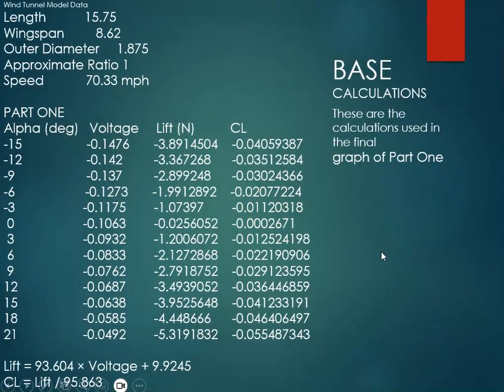For part 1, I focused on calculating lift using the first section of the dataset. The data included different angles of attack with the pressure differences across the airfoil. Those pressure differences are what determine the amount of lift being generated.